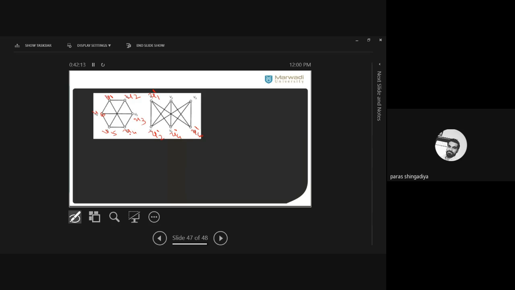Okay, so now 2 places remaining. This vertex and this vertex. So here U2 is connected with U3 and U1 and U5.